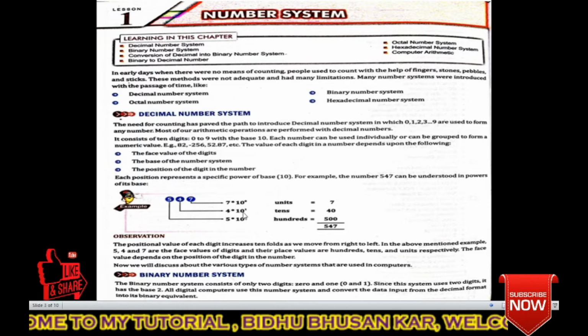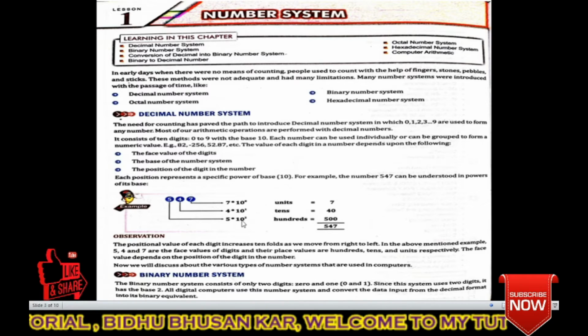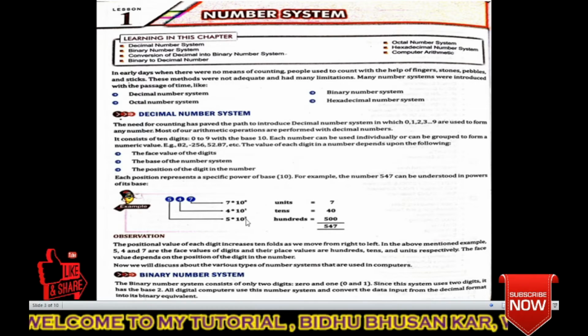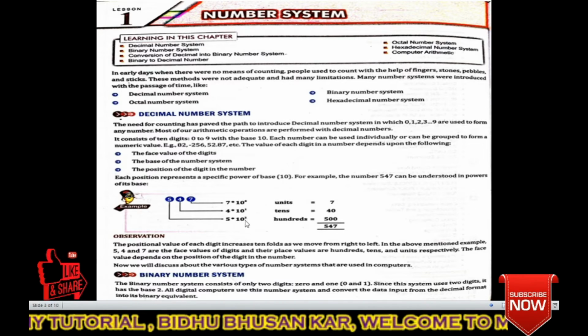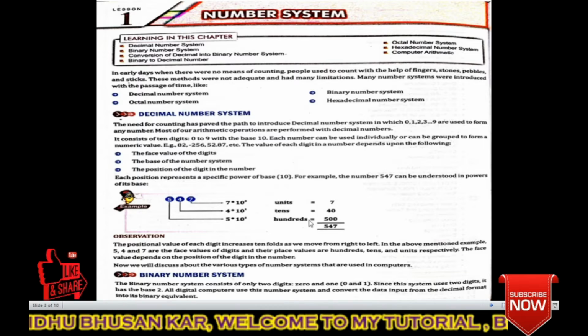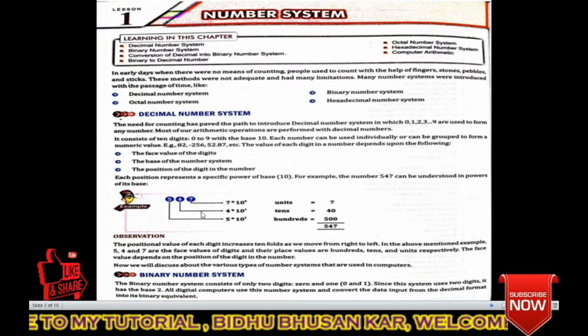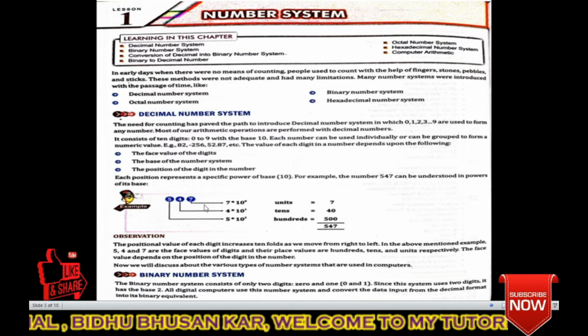That's why 4 into 10 equal to 40. 10 to the power 2 means 10 into 10, that means 100. So 5 into 100 equal to 500. Understood? If you add these, then we will get this number 547.